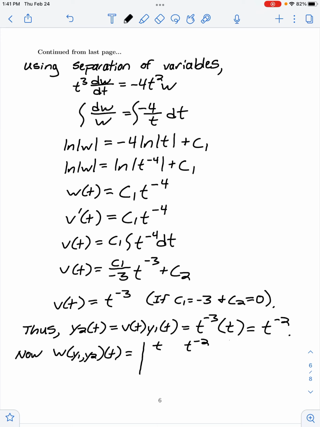And our second row would be the derivatives, 1 and negative 2t to the negative third, which gives us negative 2t to the negative 2 minus t to the negative 2, or negative 3t to the negative second, which is certainly non-zero.